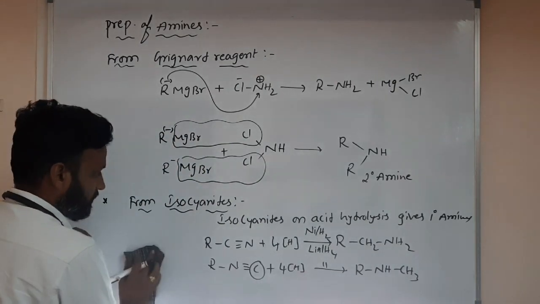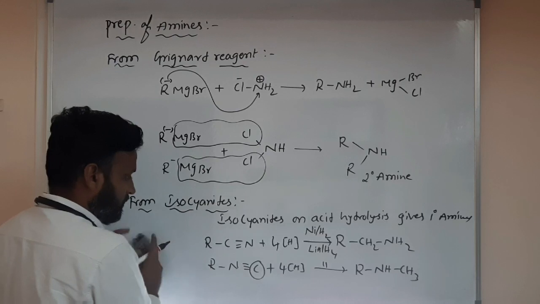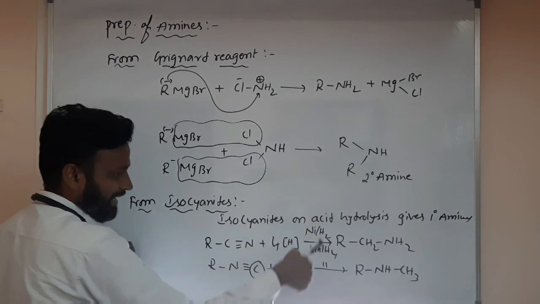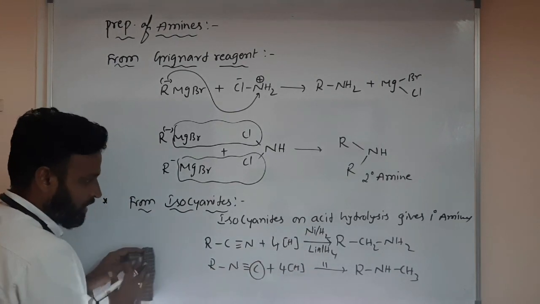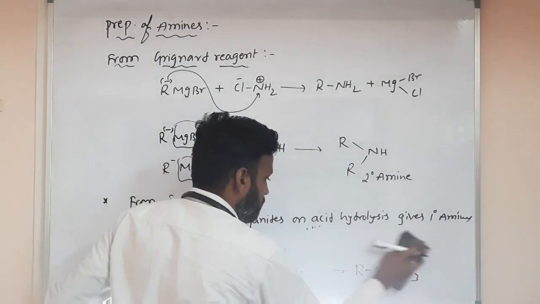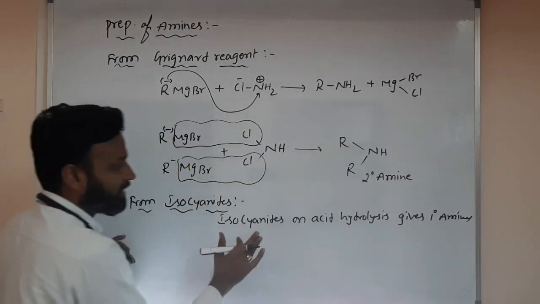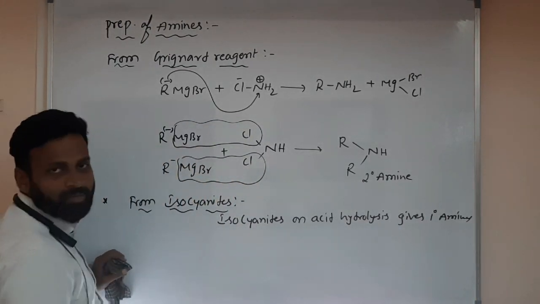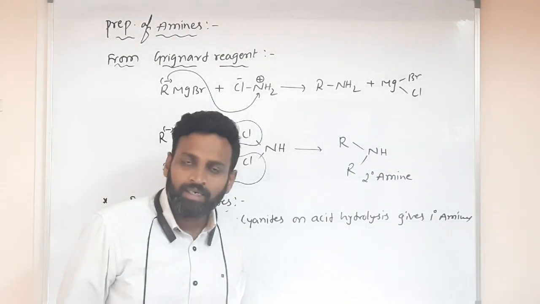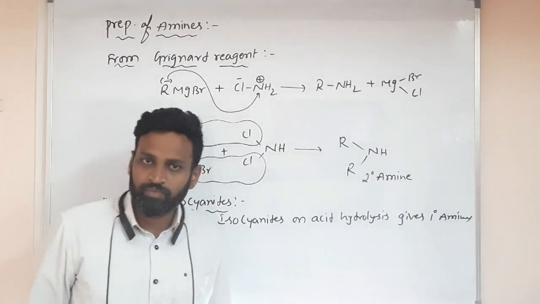But isocyanides on acid hydrolysis give primary amines itself. How? Let's see. Those two are reductions, not acid hydrolysis, and they are not important. Here, isocyanides on acid hydrolysis give primary amines. Previously what I gave was direct reduction.